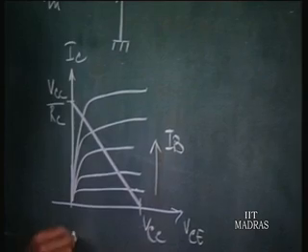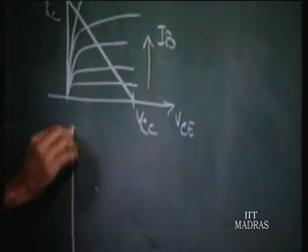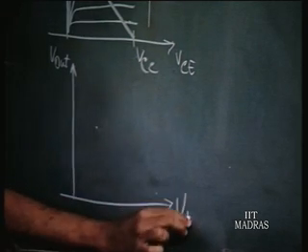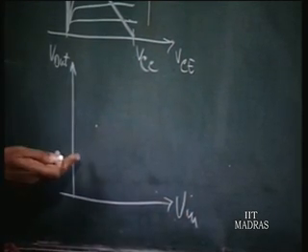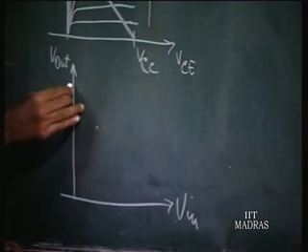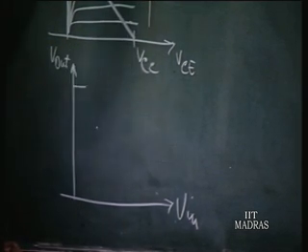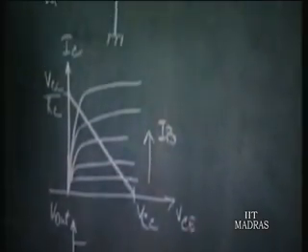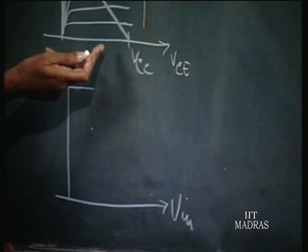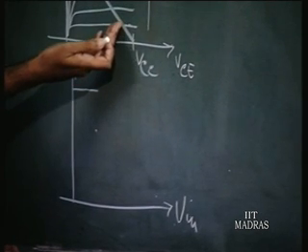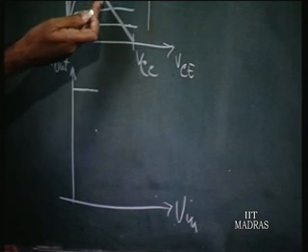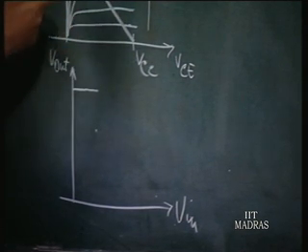So, we had seen that if you plot the output voltage versus the input voltage, when the input voltage is low, the base current is almost 0. So, the output voltage is given by VCC, and once it starts conducting, as you go on increasing the base current, the collector current increases, with the result the output voltage drops.